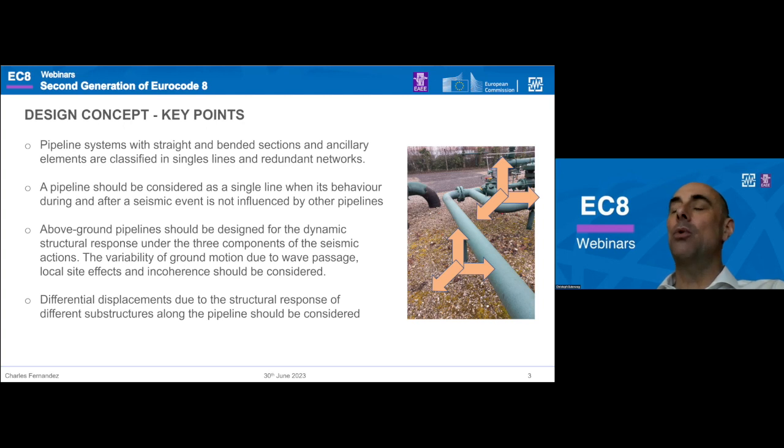And we have to consider these banded sections in a particular way. Furthermore, we have to take into account that we have to consider 3 components of seismic actions, and we have also to take into account the variability of ground motions, because there is a difference between a pipeline system and a usual building, because the pipeline system is continued over large areas, over maybe hundreds of kilometers, with changing soil conditions and with changing seismic actions.